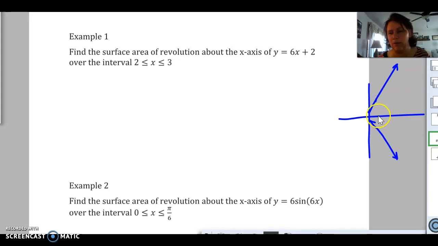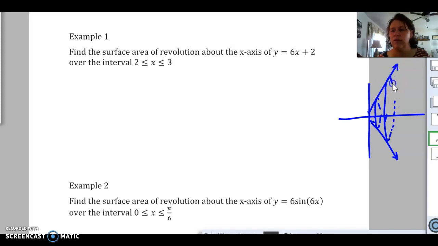Now we are going from 2 to 3, is where our points will be from. So we're going to get this hollow cone looking shaped object.